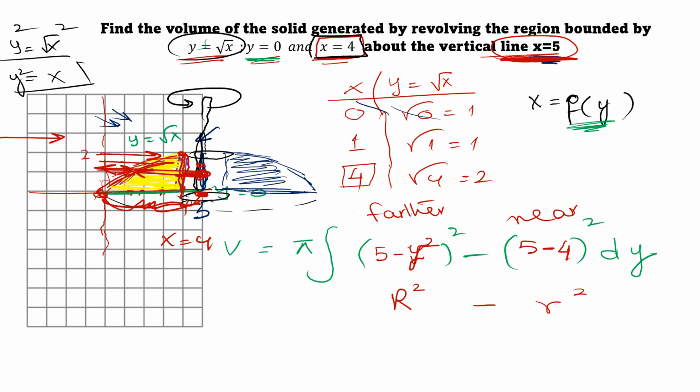Now the regions, the upper and lower limits, are from y equals 0 to the highest point, which equals 2, from 0 till 2. Now write it in the calculator and get the answer.